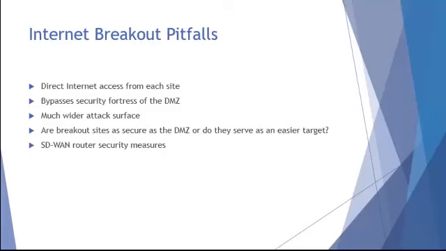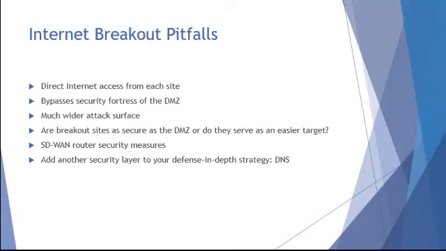Of course, there are SD-WAN router security measures that you can put in place, including firewalls and the like, that can help to control some of that. But it's also a good idea to add another layer of security to your defense in depth strategy. So typically, a good security strategy not only relies on one type of defensive mechanism, such as a firewall, where you're monitoring the data traveling between the end devices.